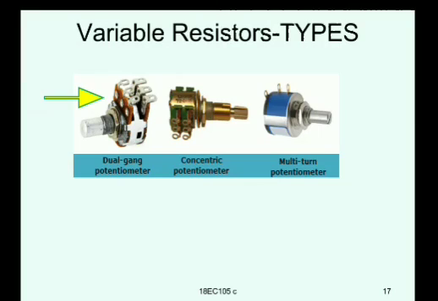Even in industry, sometimes when you want to control two channels, there will be two concentric potentiometers, as you can see in the second figure as well. That is called a concentric potentiometer. In parallel, to one shaft you attach two wipers, and that will be rotating on the wipers.